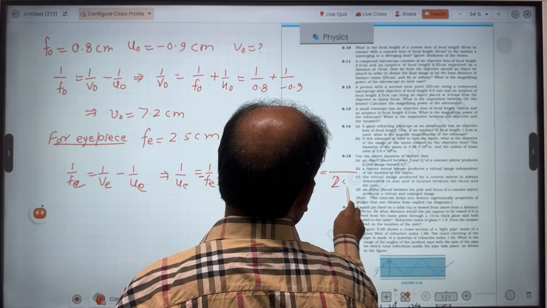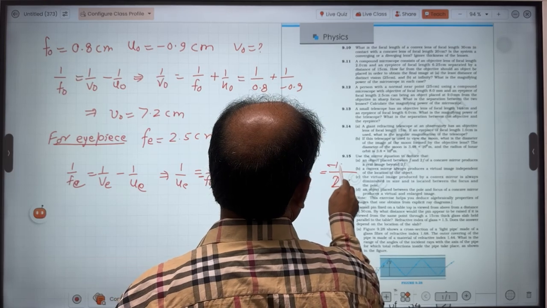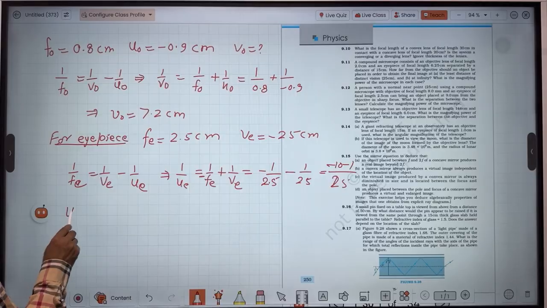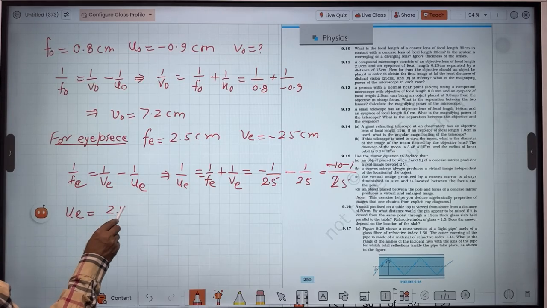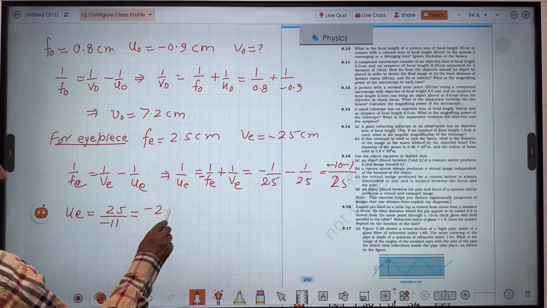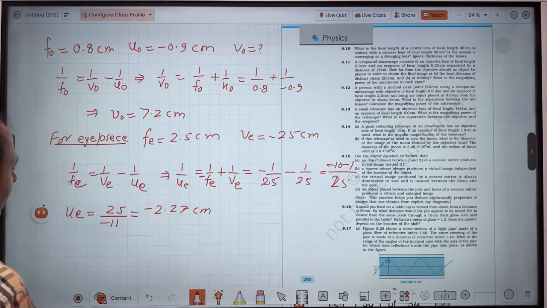This will be 25. This will be minus 10 minus 1. Right. So we can get UE as 25 divided by minus 11, which will be minus 2.27 centimeters.